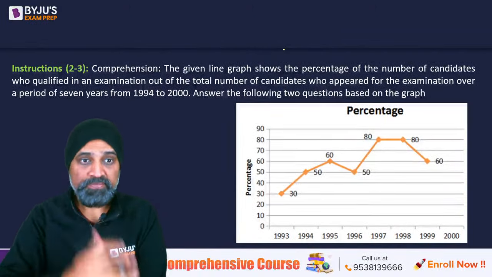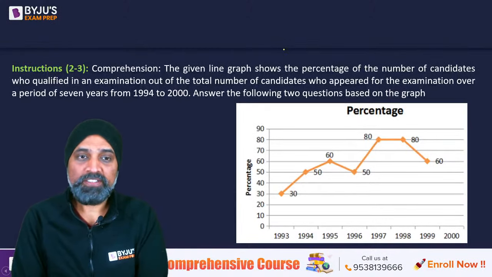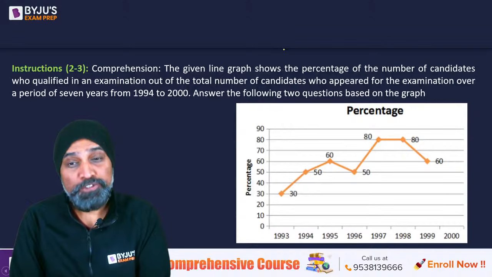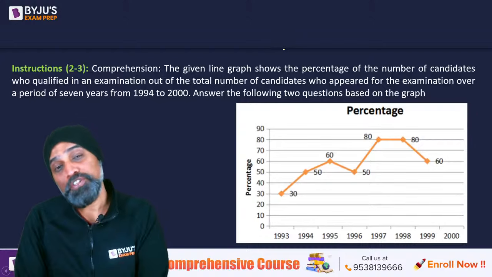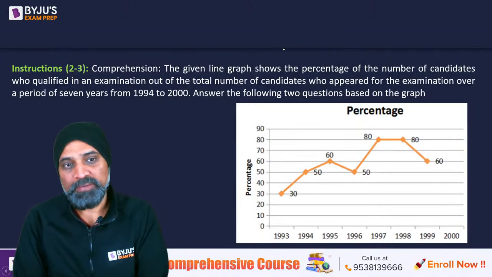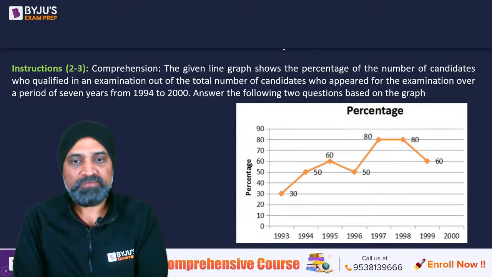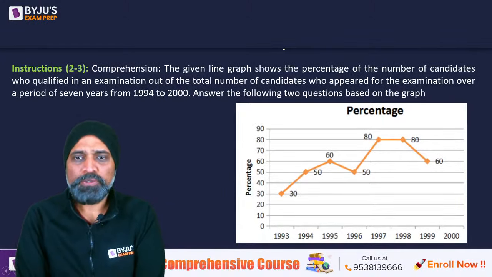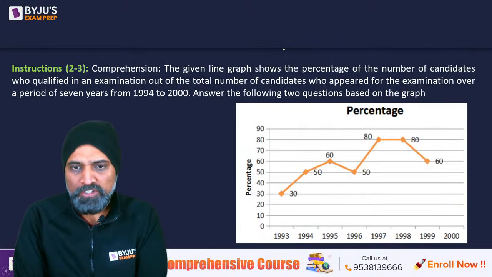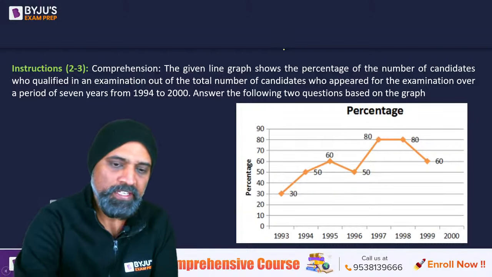Okay, next. There are 2 questions, instructions for question number 2 and 3. The comprehension part is: the given line graph shows the percentage of the number of candidates who qualified in an exam out of the total number of candidates who appeared for the exam over a period of 7 years from 94 to 2000. Answer the following 2 questions based on the graph. This is actually 8 years, right?